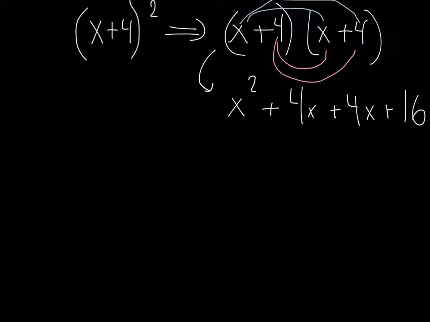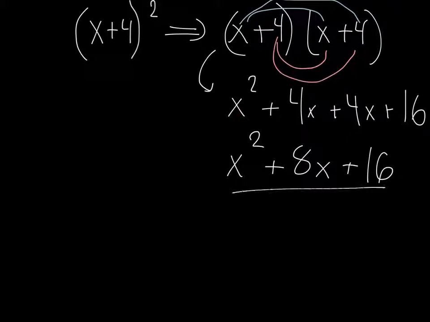Standard form is when you write down from the biggest to the smallest exponent. So it's x squared plus 8x plus 16 is our answer. It's because we have to add these two, because those are the only like terms in this whole simplified equation. And then we have it. This is our answer.